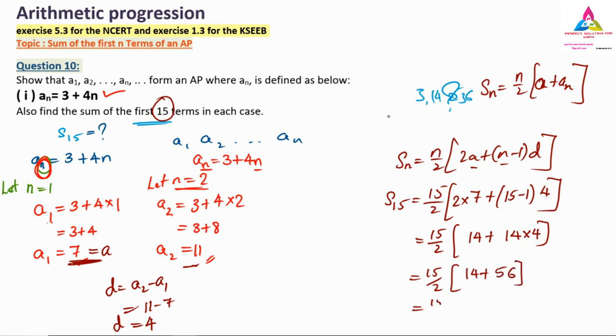So next, 15 by 2 into 14 plus 56, which is 70. 2 ones are 2, and 35s are left. So what is left is 15 into 35. So S15 is equal to 15 into 35.